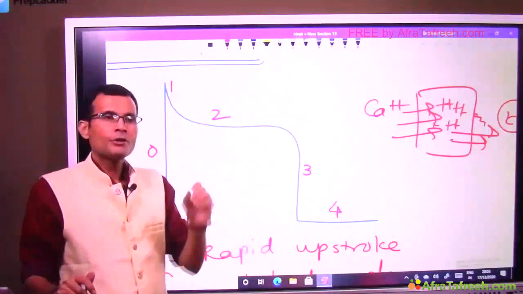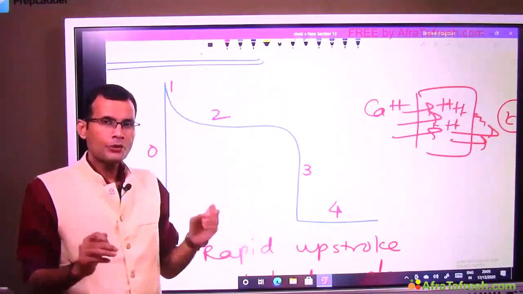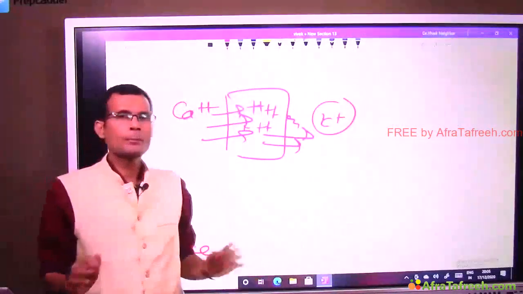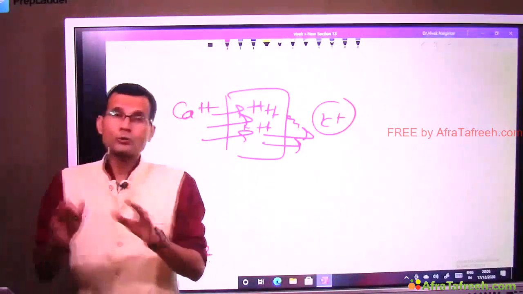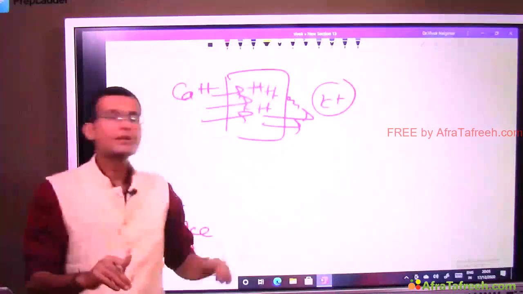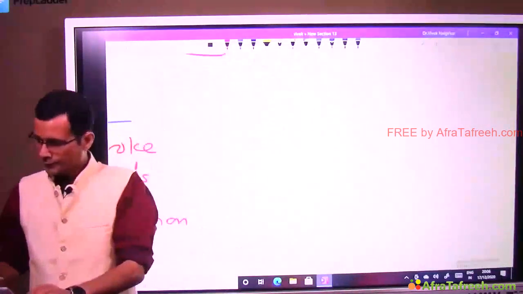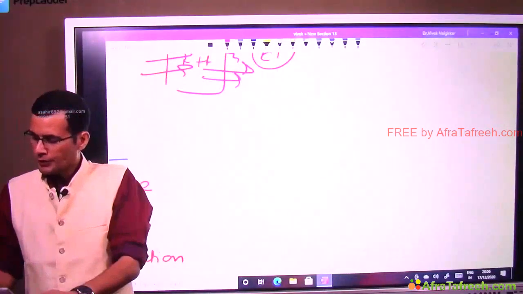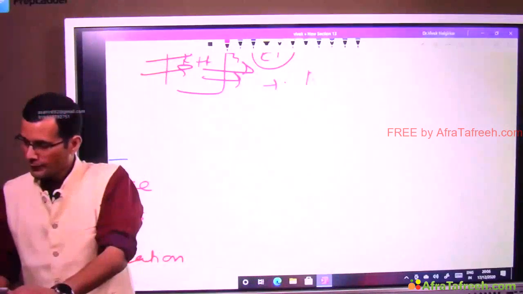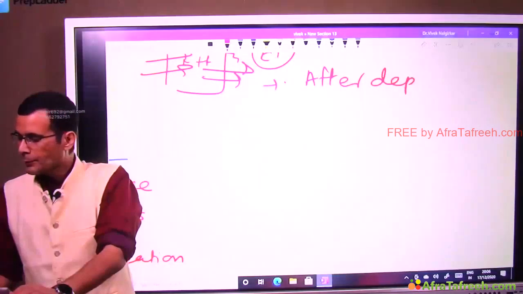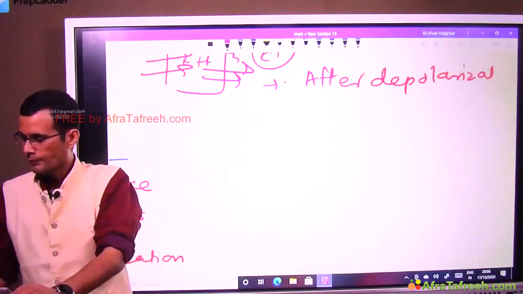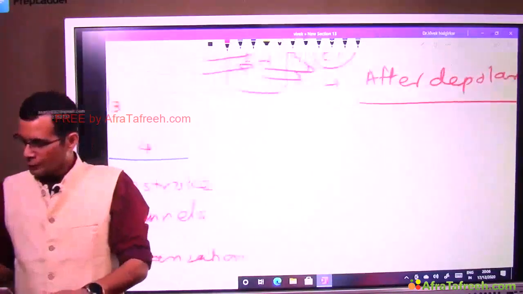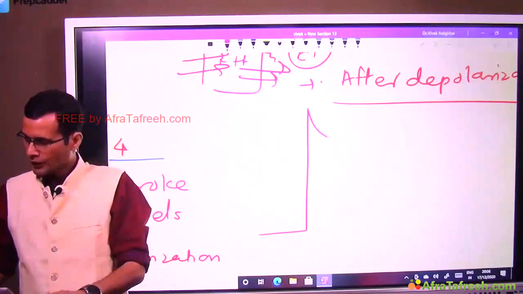The second was triggered activity. Triggered activity means some abnormal action potential is triggered in some part of the heart. That also can lead to arrhythmias. So now we can discuss it here. First of all, triggered activity results in what are called afterdepolarizations. Afterdepolarizations can be shown in the action potential graph like this.